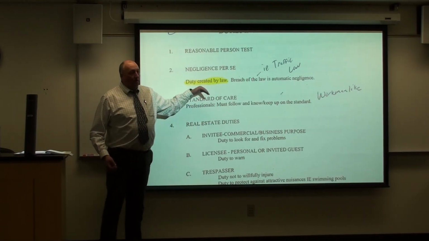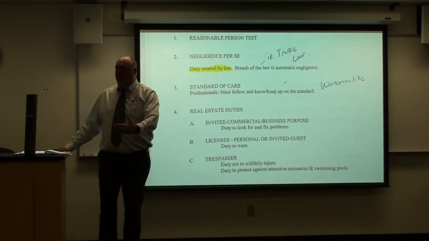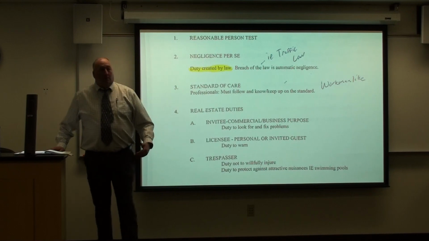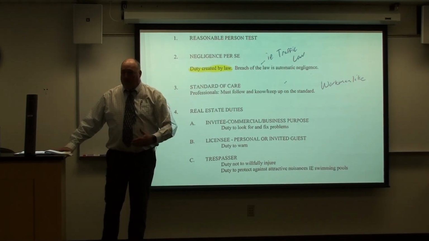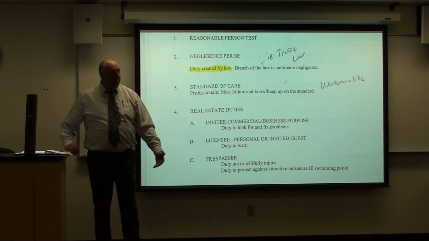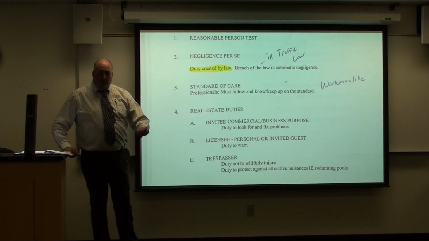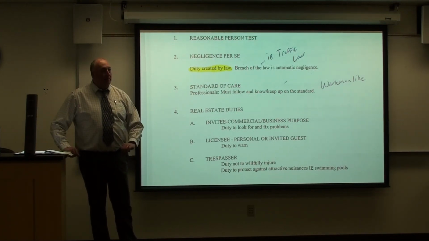So the speed limit, classic example. That creates a duty. You need to follow the speed limit or less, depending on the circumstances. Not following too close. Obeying traffic control devices like red lights and stop signs. Those rules, safety regulations for driving, create a duty.